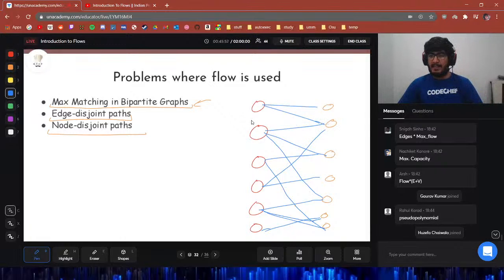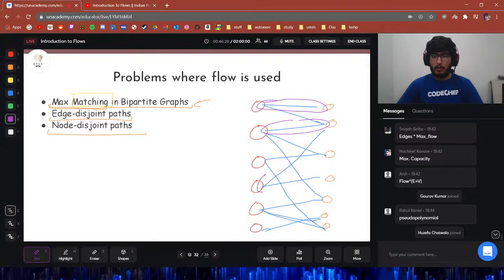So matching means, let me talk about what matching is first. Matching is a set of edges which are disjoint. Basically, we can call this edge and this edge a matching because none of these edges are touching each other.